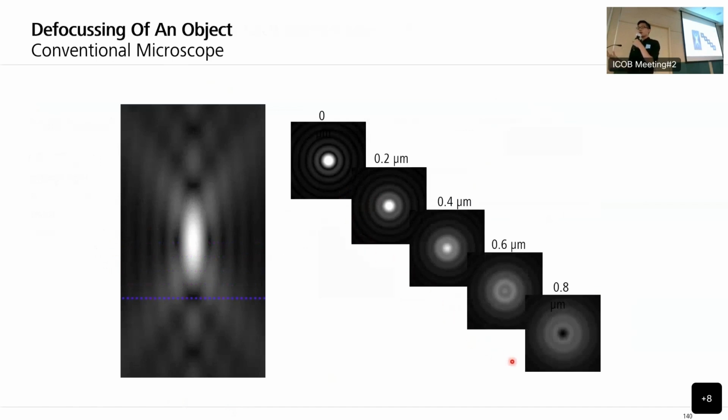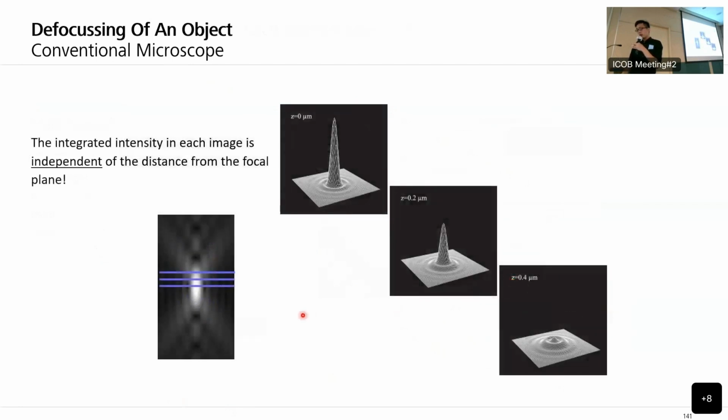For a wide field microscope, we just collect all of these 5 layers and put them together. That's why you get the blurry image. Here, if we do simulations of the signals emitted from different z-axis positions, for this plane with the highest signal intensity, this is the only plane we want to collect. We don't want signals contributed by other layers.